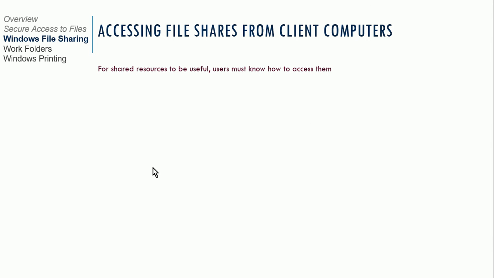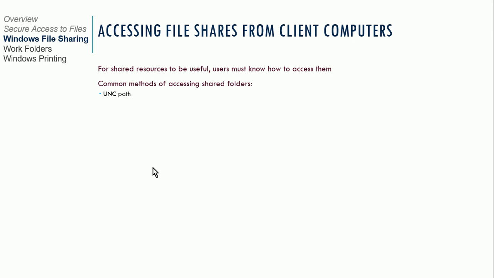So for shared resources to be useful, users have to know how to access them. There's a variety of ways that users can access these various file shares. So here are some common methods. One is the UNC path. An example of a UNC path: if I had a server called Bob, and on that server I had a share called, I don't know, documents, then I would click Start and then Run, and I would type two backslashes.